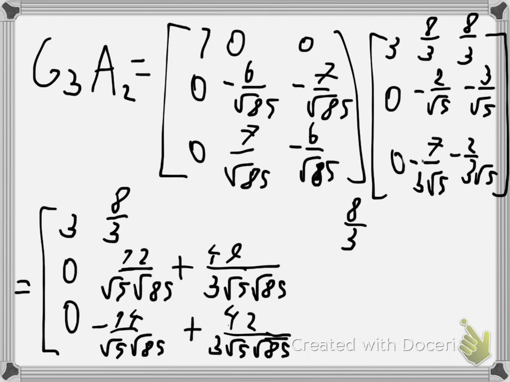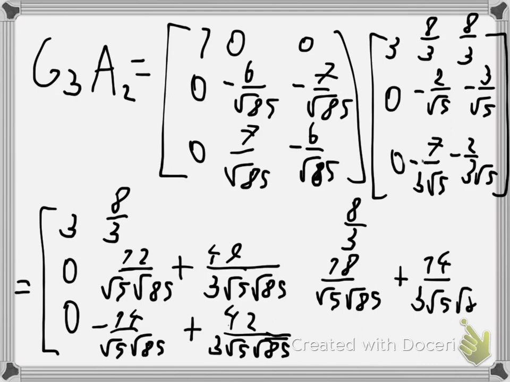Okay. And so here we should get 18 over square root of 5 times square root of 85 plus 14 times 3 square root of 5 square root of 85. And here we should get negative 21 over square root of 5 times square root of 85.